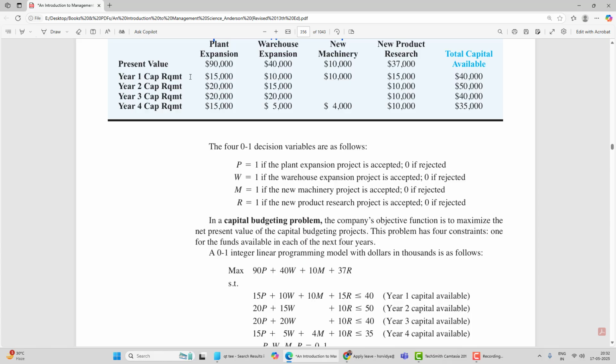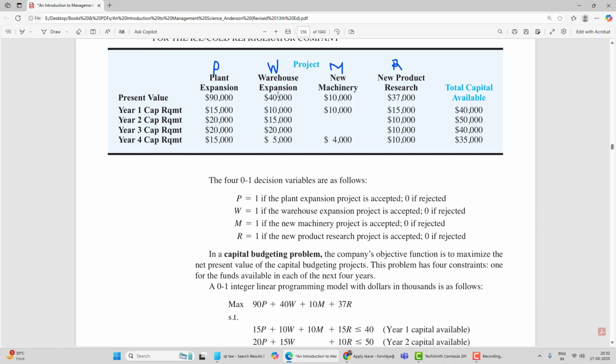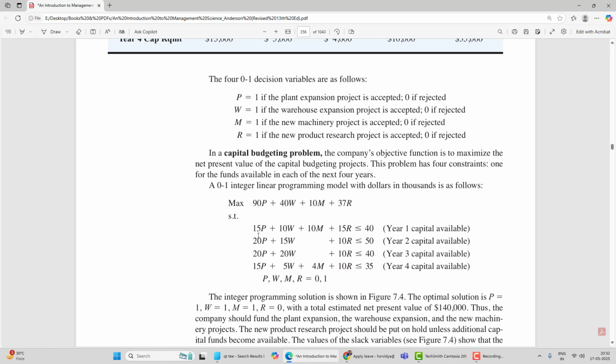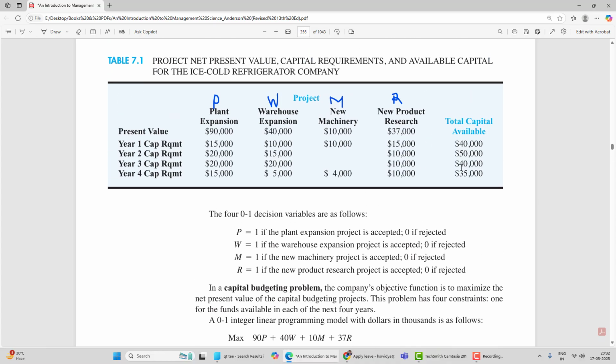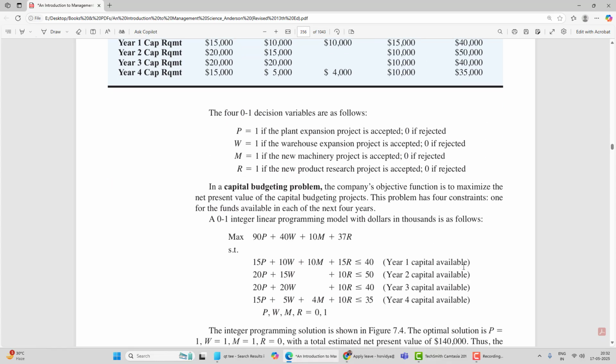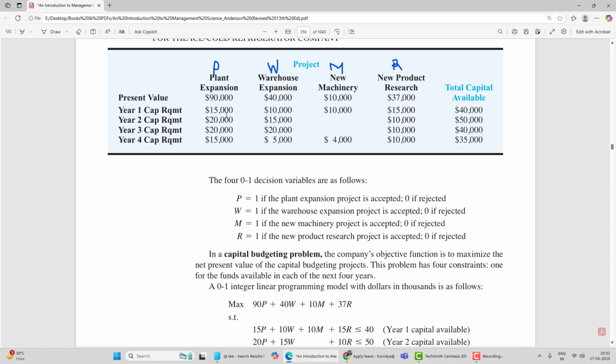So the first constraint: $40,000 is our total available capital, so 15 times P, 10 times W, 10 times M and 15 times R, when you add that, should be less than or equal to 40, right? So that is our year 1 capital available constraint. Year 2 is 20P plus 15W, nothing for M, and 10R.